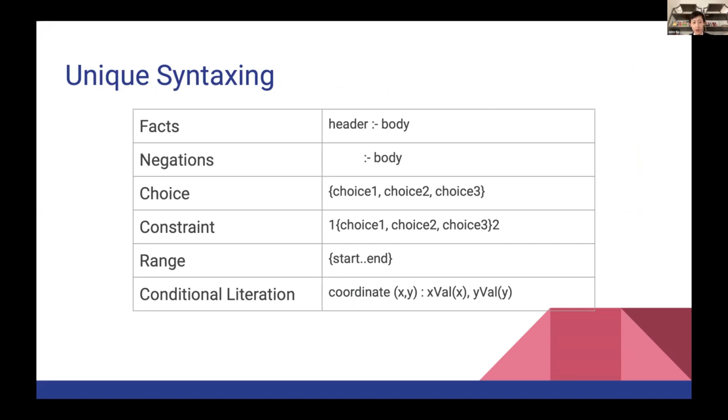We end every line with a period, and our lines are usually one of these conditions or choices. The most common one is facts, where you have a header, a neck, and a body. This little symbol here is the neck.